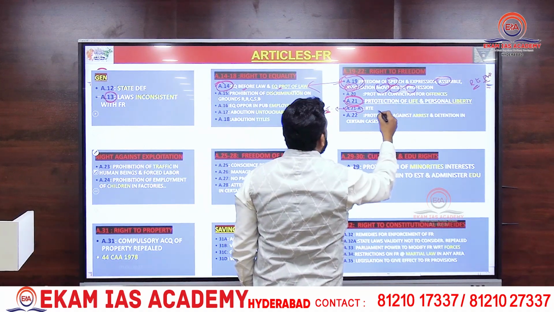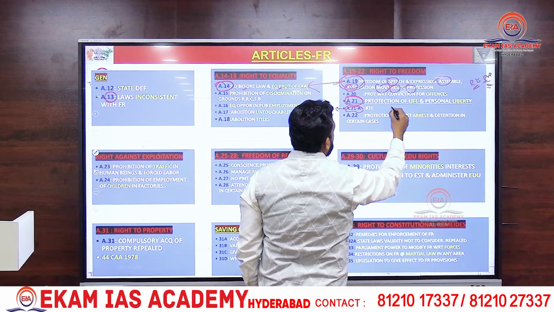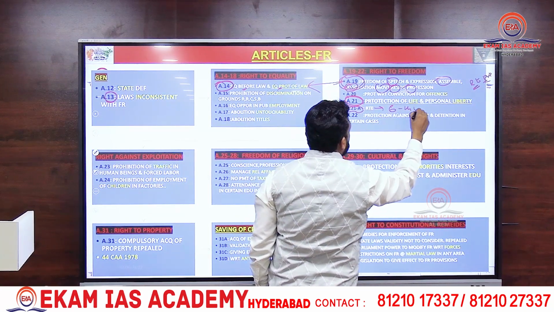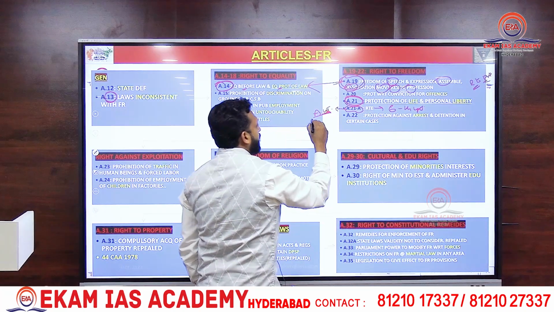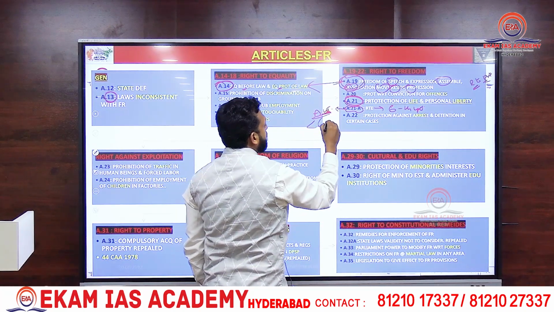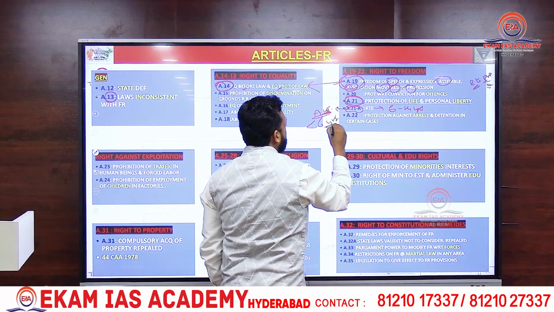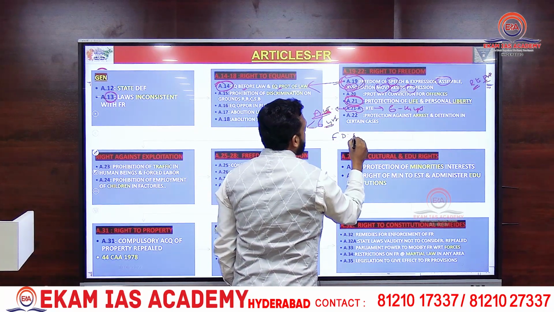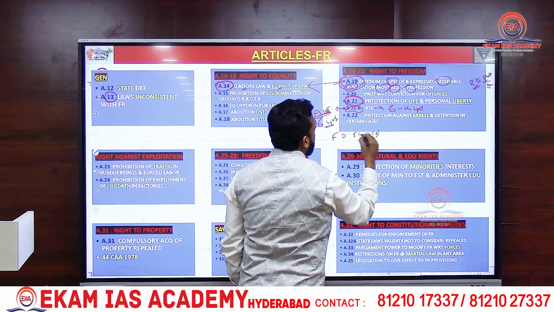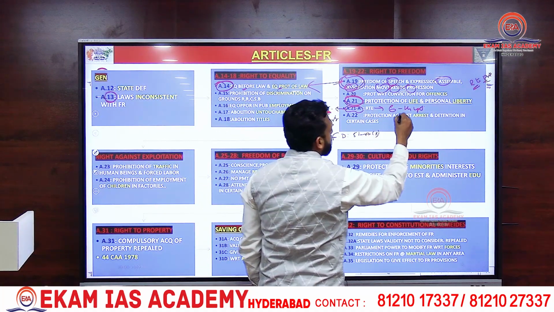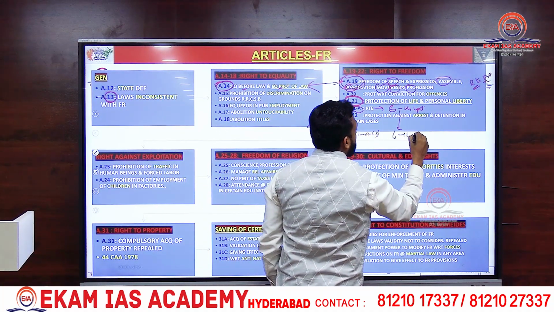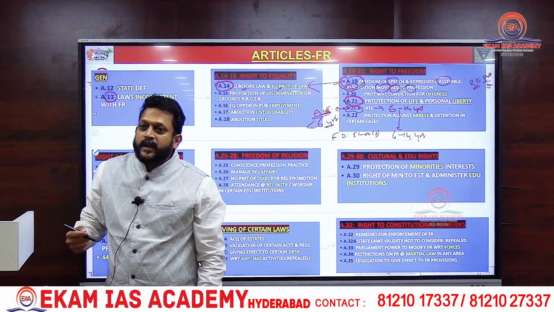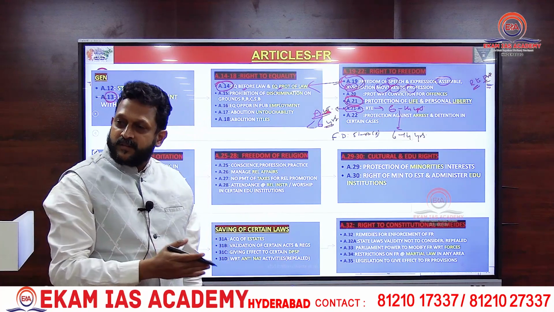So here finally what happened? Right to education, Article 21A, is 6 to 14 years compulsory, whereas the new Article 45 is less than 6 years. And one more thing they have added in fundamental duties, 51A(k): the parent or guardian has a duty to educate their children between 6 to 14 years.